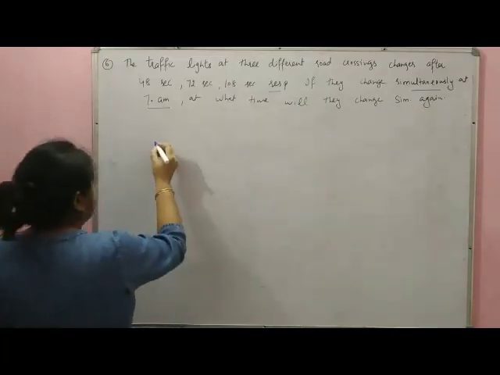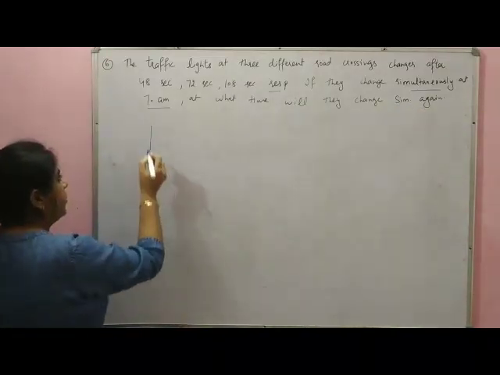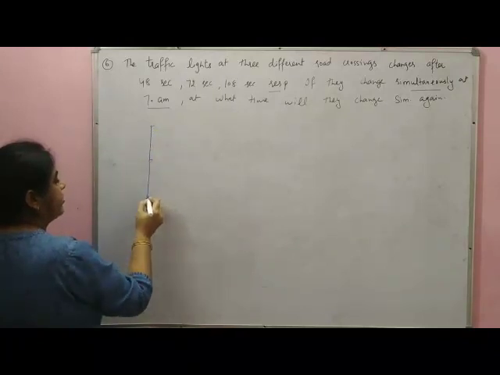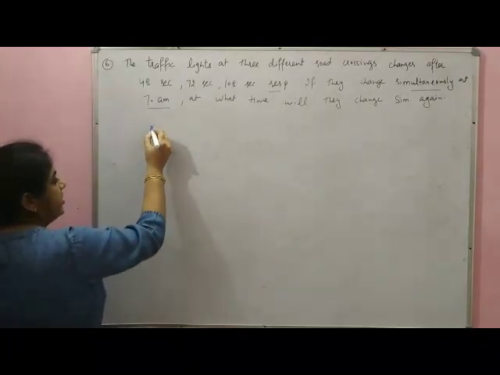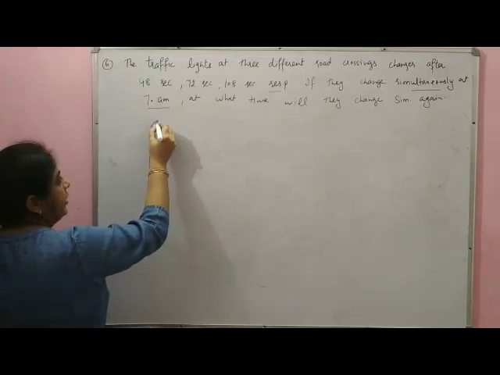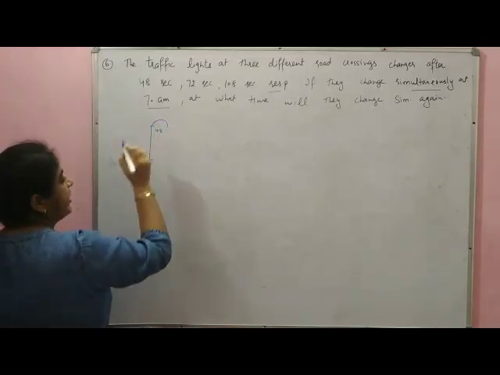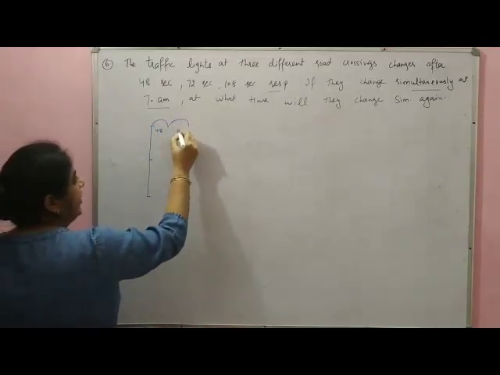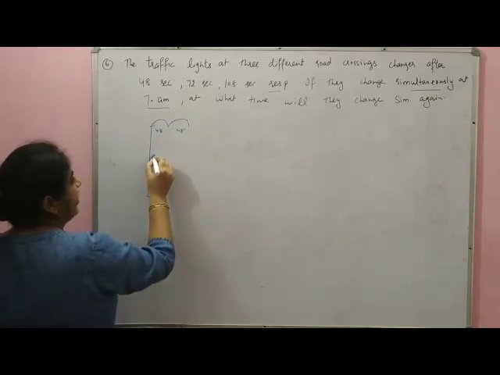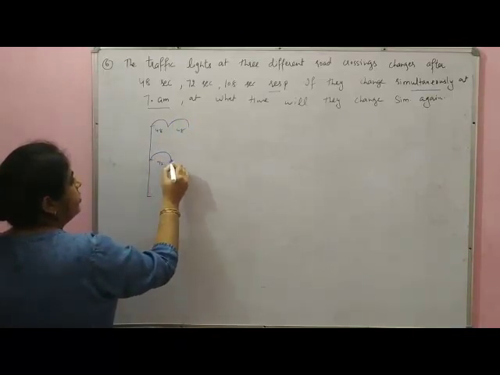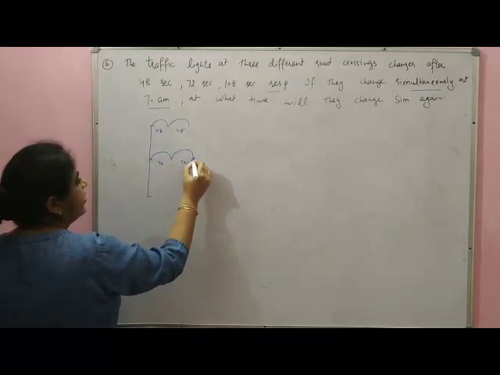Students, just suppose we have 3 traffic lights. This one at the first crossing changes after 48 seconds. The second one changes after 72 seconds.